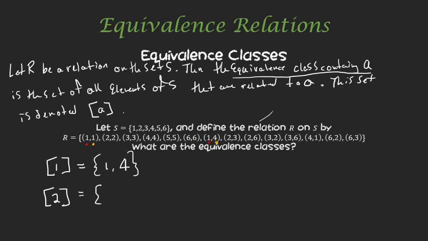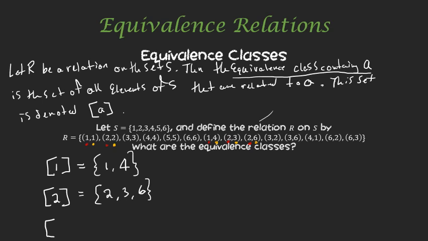So here I'll look at all of the places that 2 shows up in the first coordinate. So 2 is there, 2 is there, 2 is there. Anywhere else 2 shows up? I don't think so. And then I'll collect. So 2 will be in there, 3 will be in there, and 6 will be in there. So 2, 3, and 6 are all in the equivalence class containing 2.